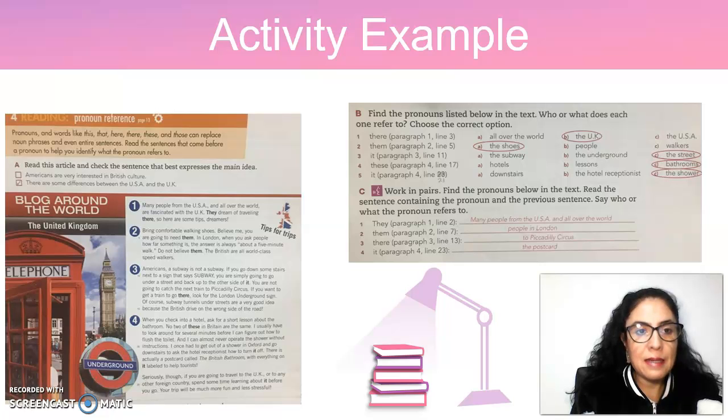In this case it is the pronouns. So this activity can be used as an example of a CLIL activity, although it is taken from a book that is designed to teach English, but it is a kind of CLIL activity.